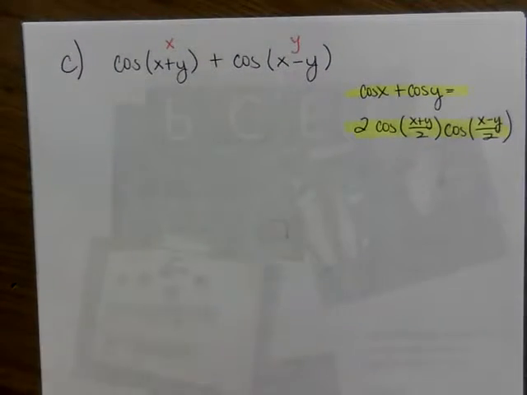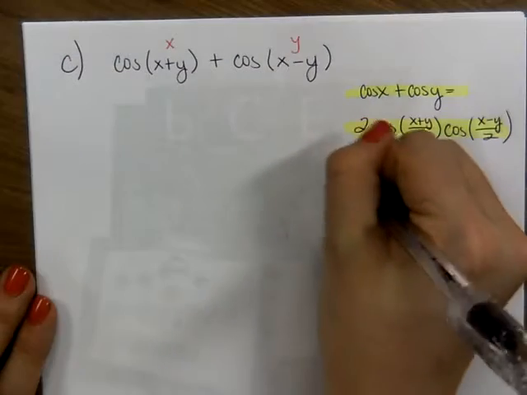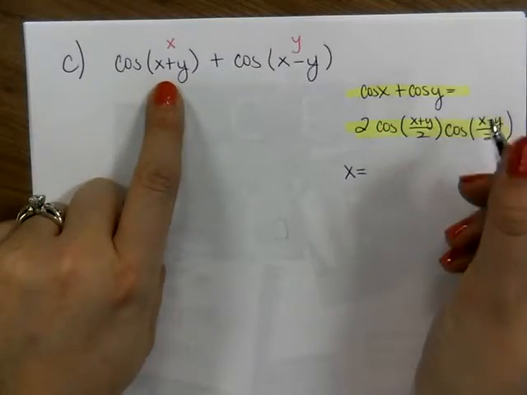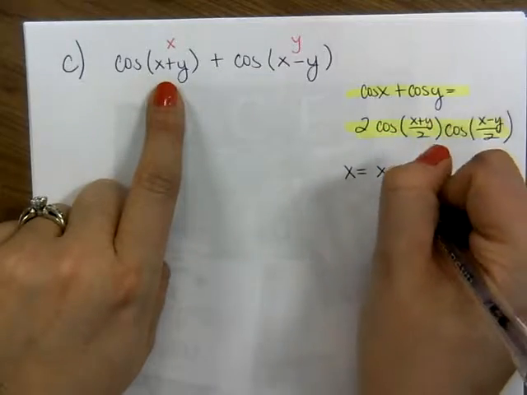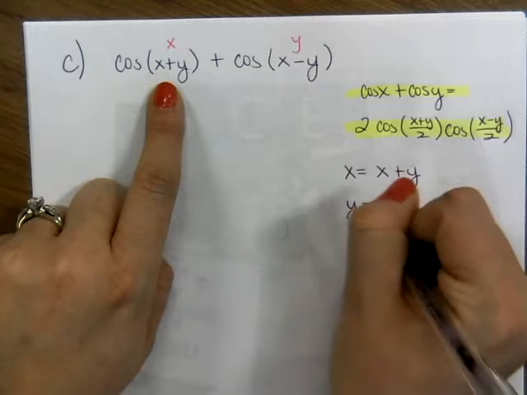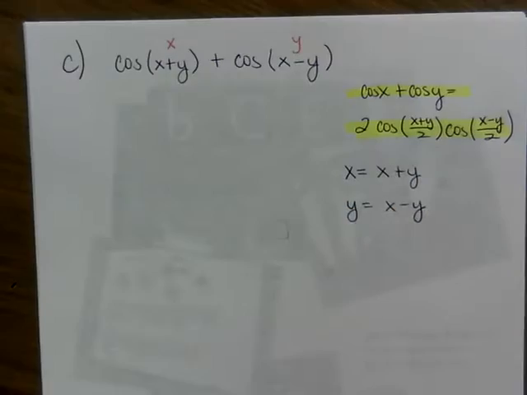All right. Again, you want to identify your x and y. So now x is really x plus y, and y is x minus y. This is going to be hard to recognize, because it's not quite as clear as some of those other ones where they give you specific angles.